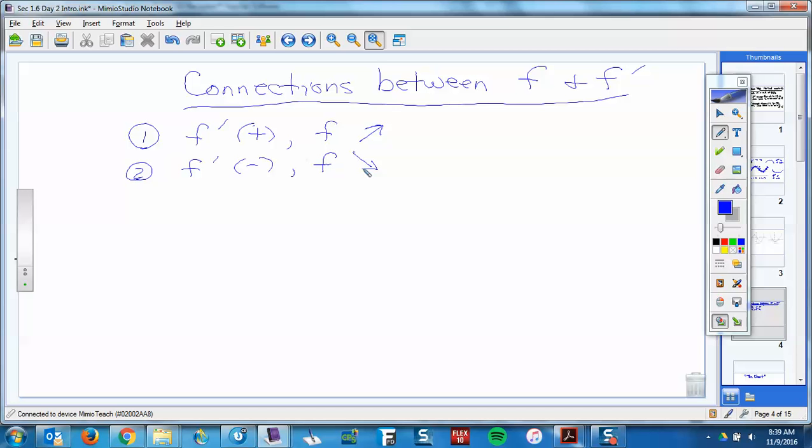What's another one? Well, f prime can be positive, f prime can be negative. What else could f prime be? 0. Yeah, let's not forget that one. That's probably a bigger one. That probably should be number 1. F prime equals 0. What can you tell me about f?